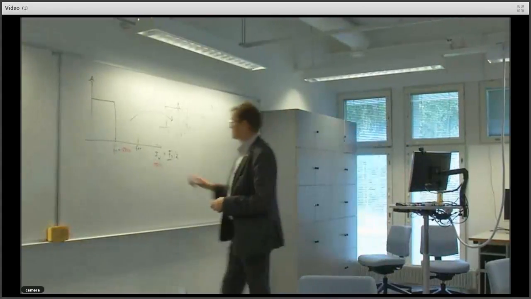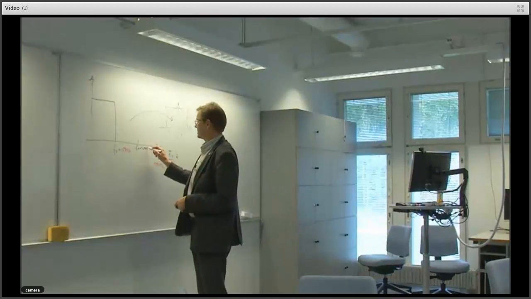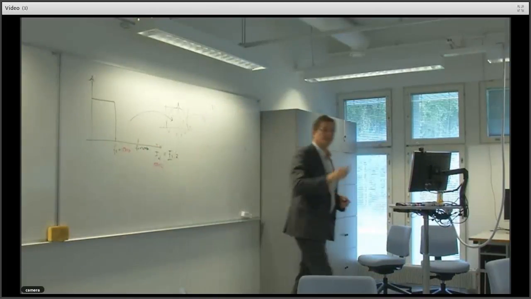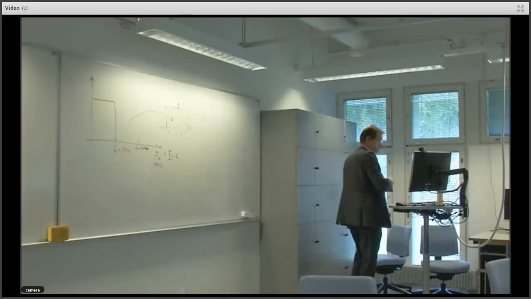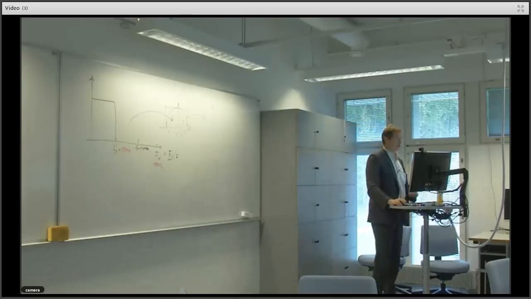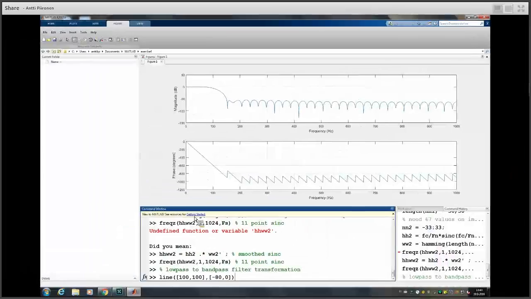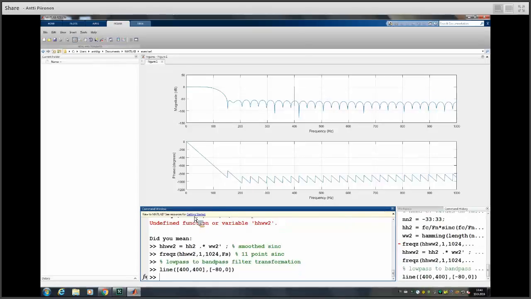That looks good. It's up to 400 Hertz here, well, that's the Nyquist frequency somewhere there. So I would transfer this filter property to center frequency 400 Hertz.